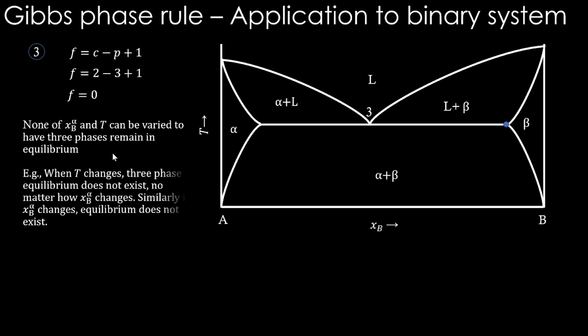So for example, when temperature changes, three-phase equilibrium does not exist no matter how XB alpha changes. Similarly, if XB alpha changes, no matter how T changes, equilibrium does not exist. This three-phase equilibrium will be disrupted. So that's the meaning of three-phase equilibria having 0 degrees of freedom. Because of this, it is called invariant equilibria. So this is an invariant equilibria, three phases staying in equilibrium in a two-component system.